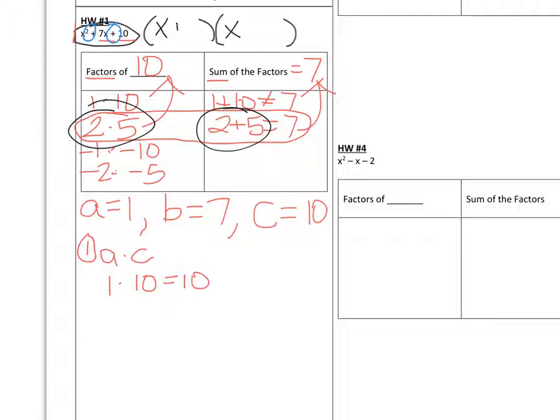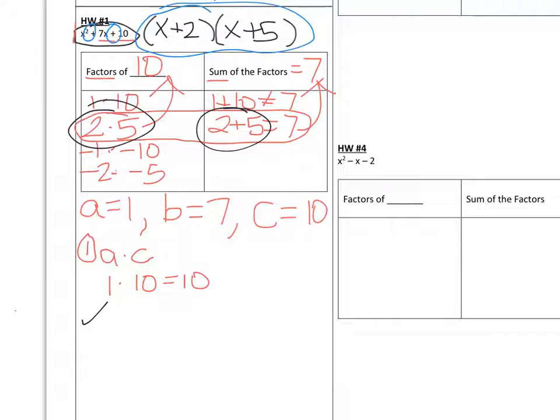So we've got a positive 2 and a positive 5. And that's our answer. x plus 2 times the quantity x plus 5 is the same thing as x squared plus 7x plus 10.